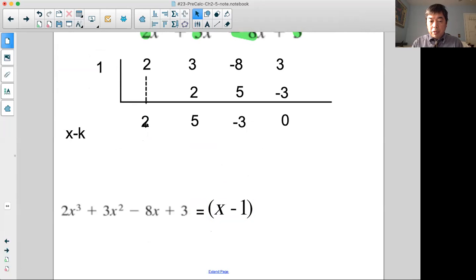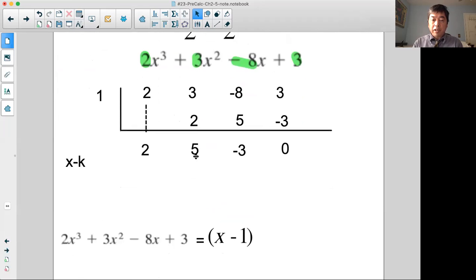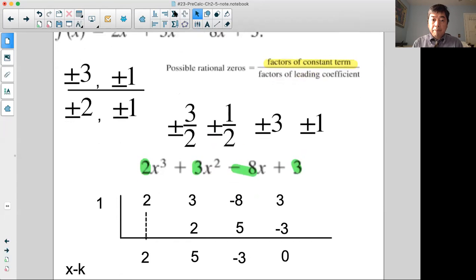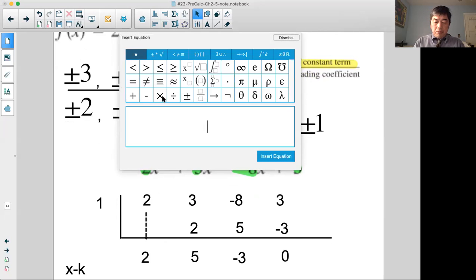So this is what? 2x is one exponent lower than this value. So 2x squared plus 5x minus 3.